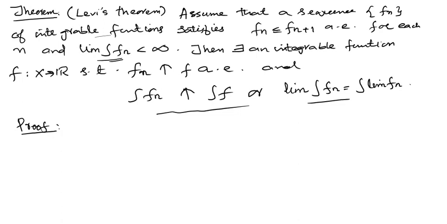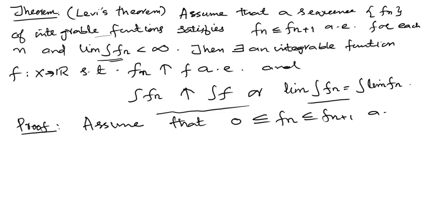So we replace this sequence Fn by Fn minus F1, or without loss of generality we assume that each Fn is non-negative, then we do the general case. Assume that 0 is less than or equal to Fn, which is less than or equal to Fn plus 1. Assume this holds for all n, and this sequence is non-negative.